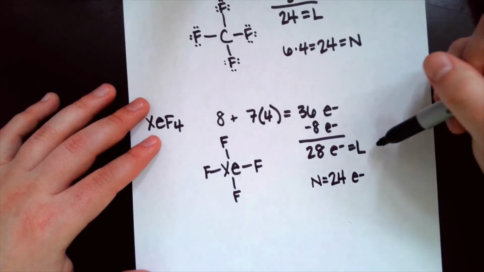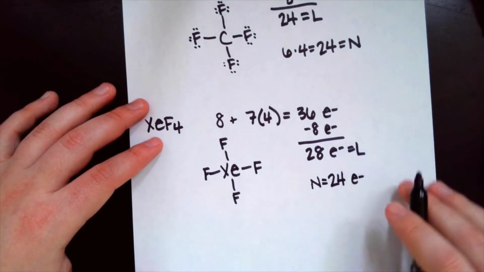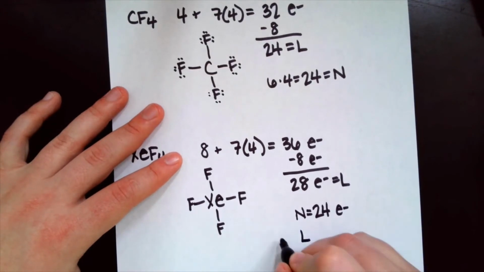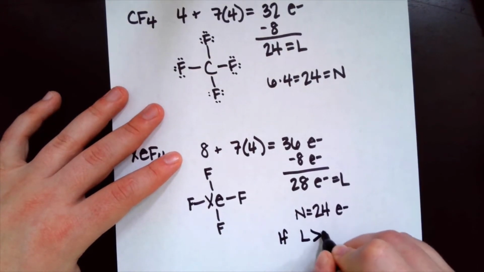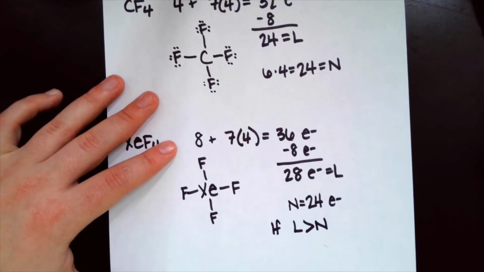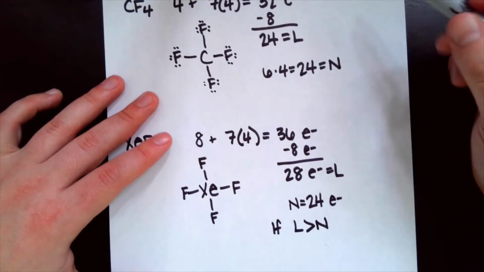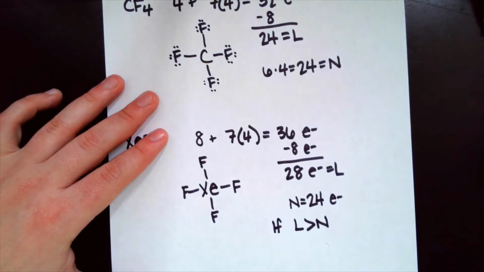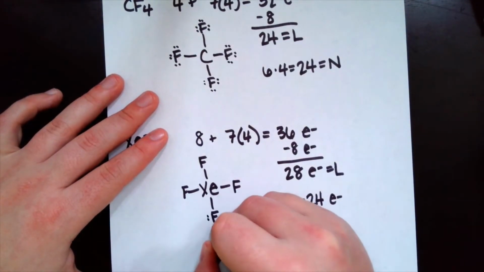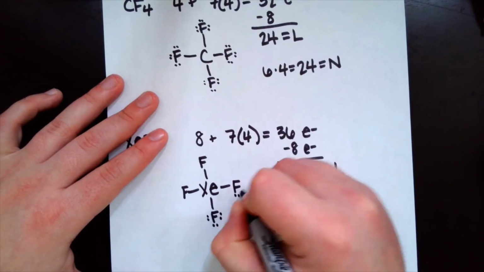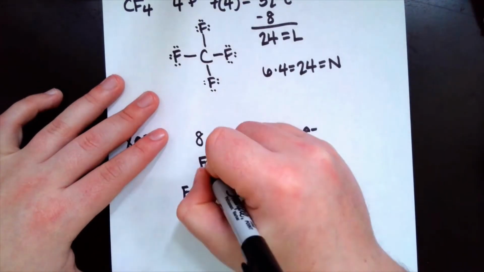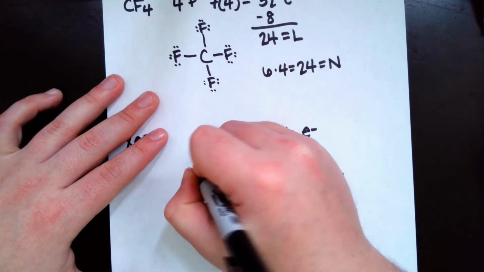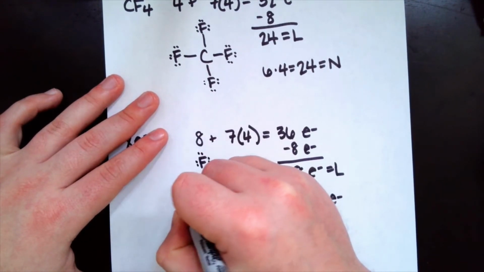So if L is greater than N, what you need to do is give the central atom what is called an expanded octet. So basically, you can fill all of the remaining octets that you just determined. So each fluorine, once again, would get 3 pairs of electrons.